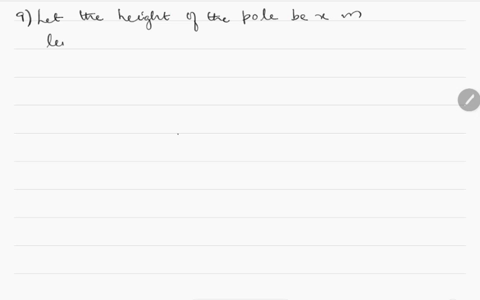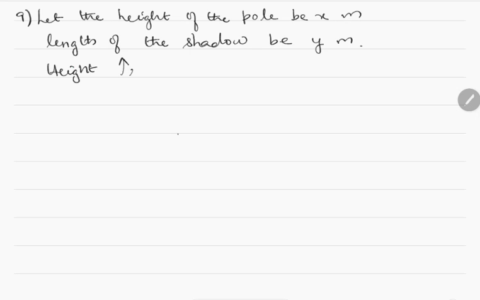Now here, let the height of the vertical pole be x meters. The length of the shadow be y meters. So here, as the height of the vertical pole increases, the length also increases.